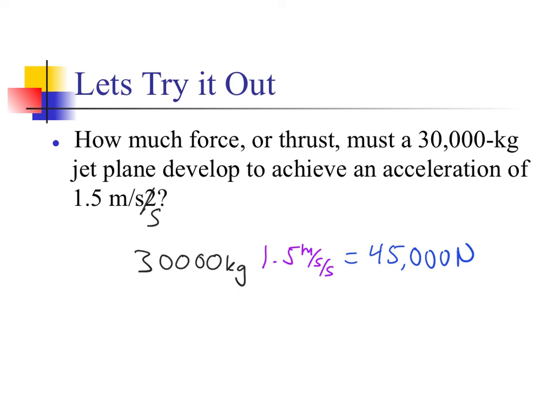It would require 45,000 newtons of thrust. We will talk more about thrust and impulses when we get into momentum after we've talked about energy, which is a couple units to go yet.